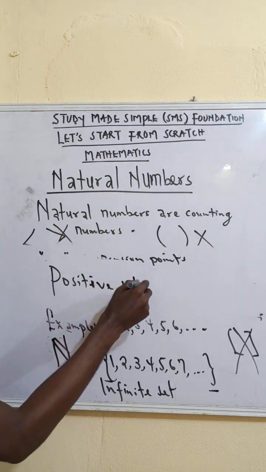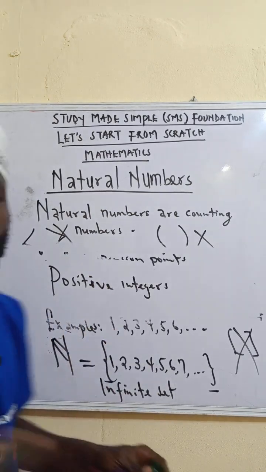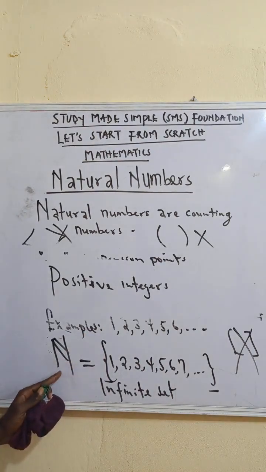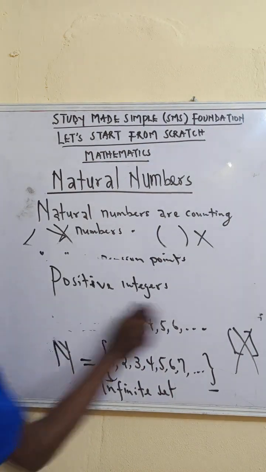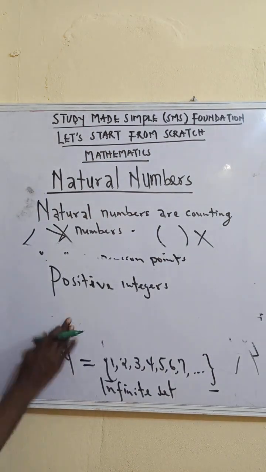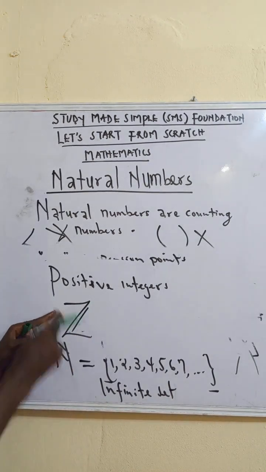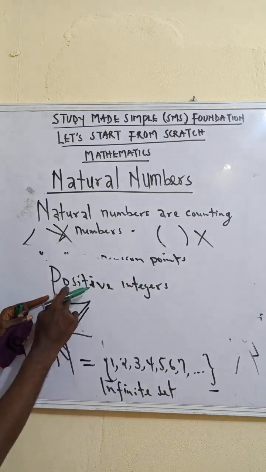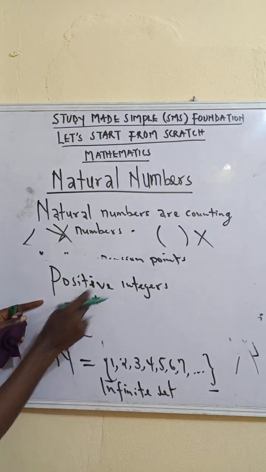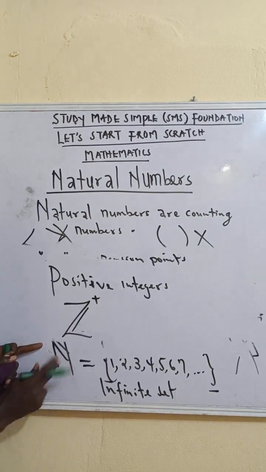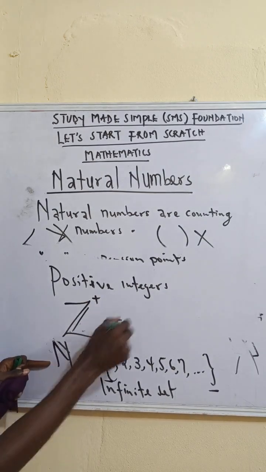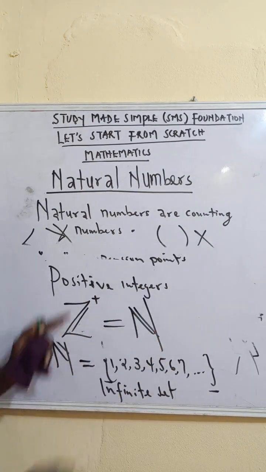Anytime you hear positive integers, they are referring to natural numbers. So we can indicate integers generally with Z. But because it is positive integers, I'll just put Z plus on top of it. So this set alone is the same thing as the set of natural numbers.